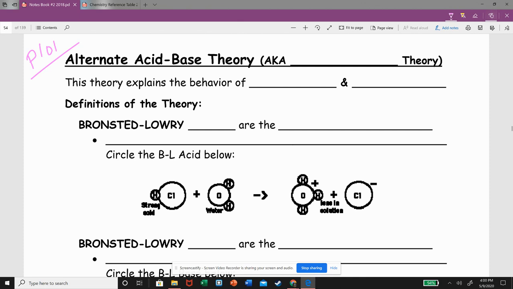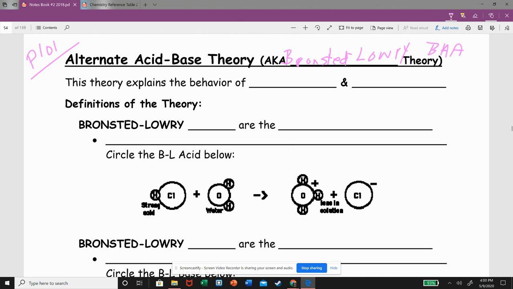So this is called the Bronsted-Lowry theory. We have two scientists, Bronsted and Lowry. I like to call this the bad theory, and I'll explain that later.